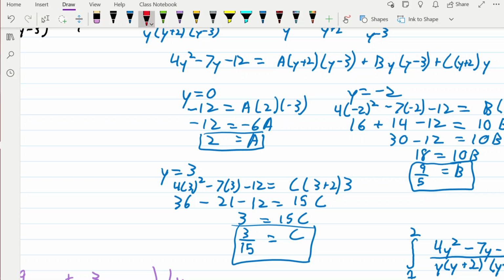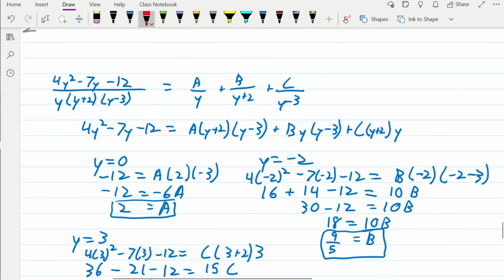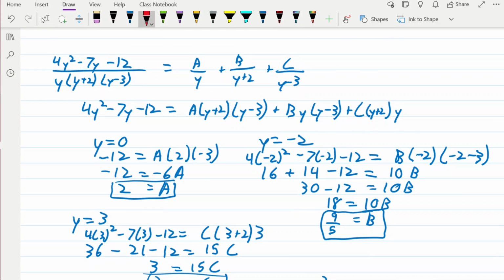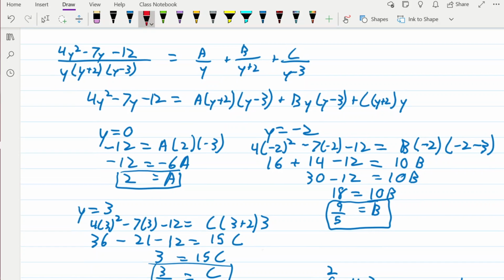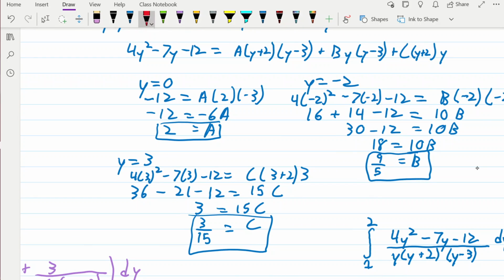Okay. And C, let me just make sure I found the right thing for C. So that should be y times y plus 2. So 3 plus 2. So that's going to be 5 times 3, 15. 5, 15 on each side, which does not really go anywhere.